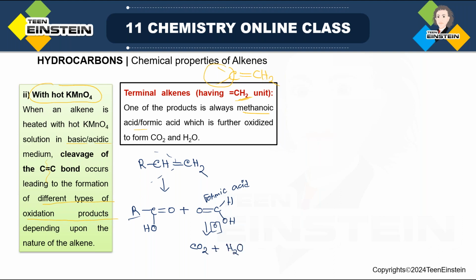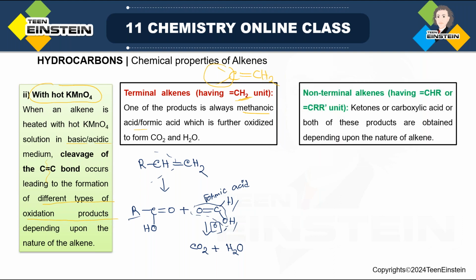So you require one extra oxygen. If you break it like this, suppose this part is CO2, you need one more oxygen, and that is why I have written it this way, which is obviously coming from KMnO4. So ultimately formic acid is converted to CO2 and H2O. This will happen when you have a terminal alkene.